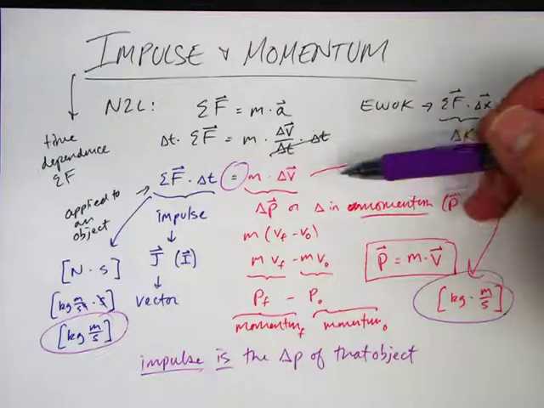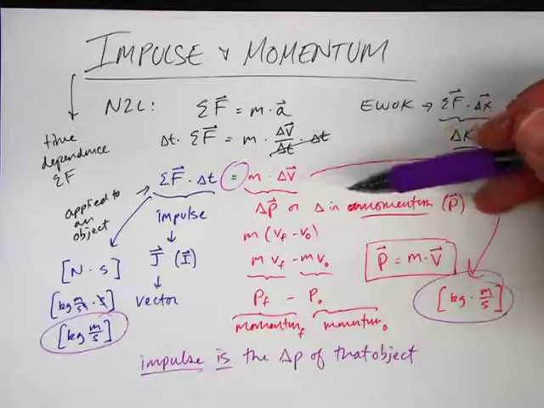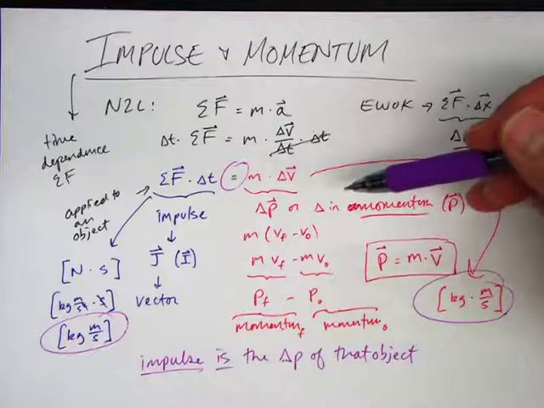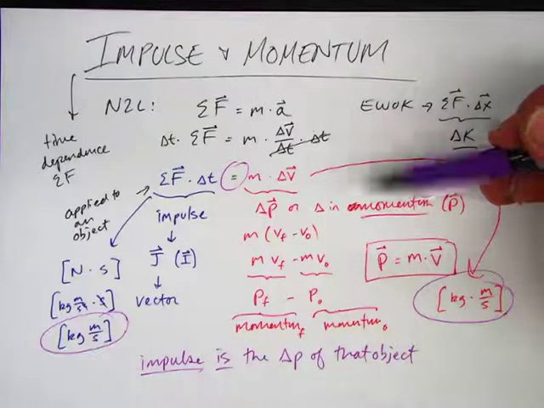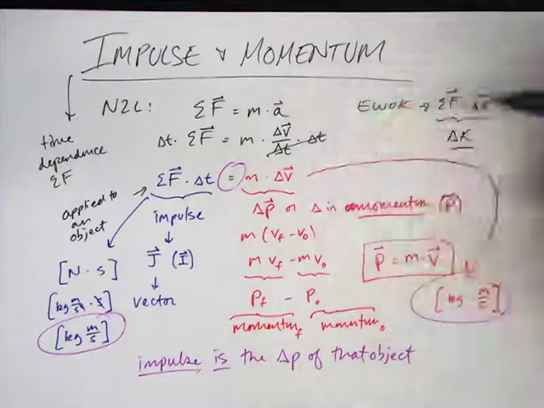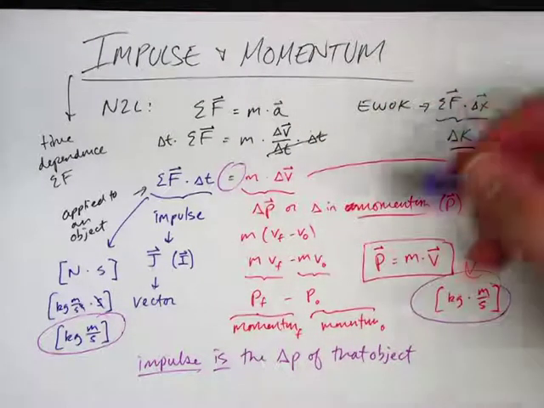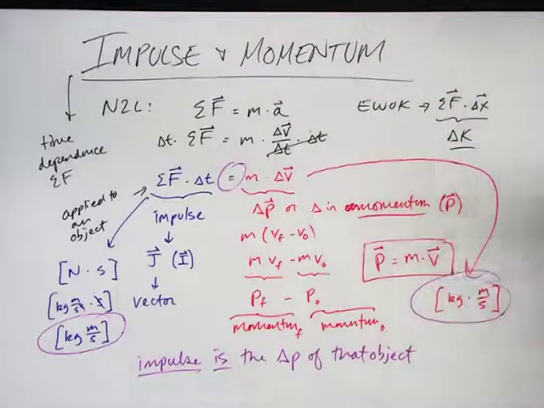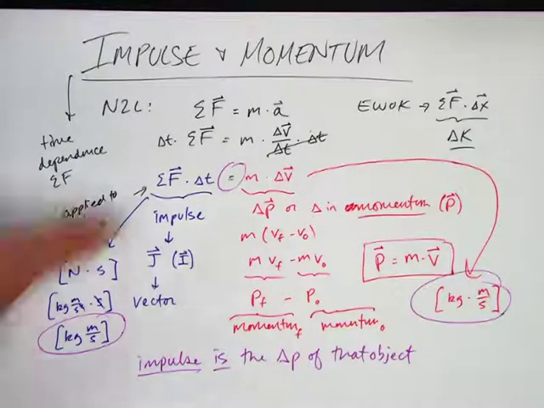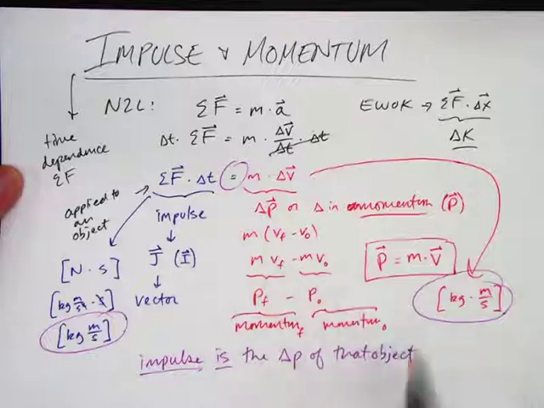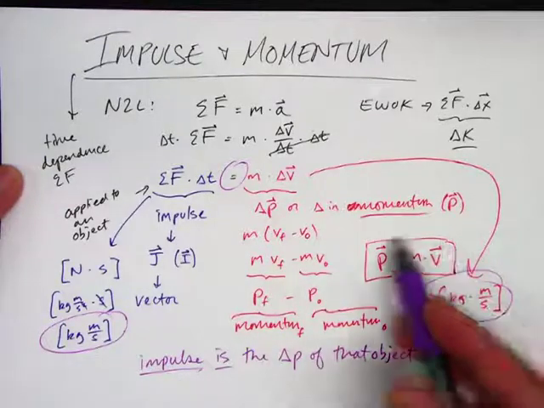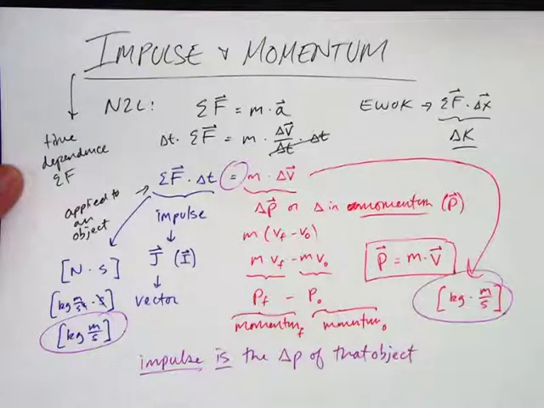Anytime you're doing a problem with impulse and momentum, you have to define your reference point in terms of what's positive and what's negative, and account for directions of your velocity as positive or negative. Otherwise, you're going to have sign mistakes that give you the wrong information. But that is an introduction to impulse, force times time, and change in momentum, m v final minus m v initial, where m times v is defined as the momentum of an object at any given velocity.